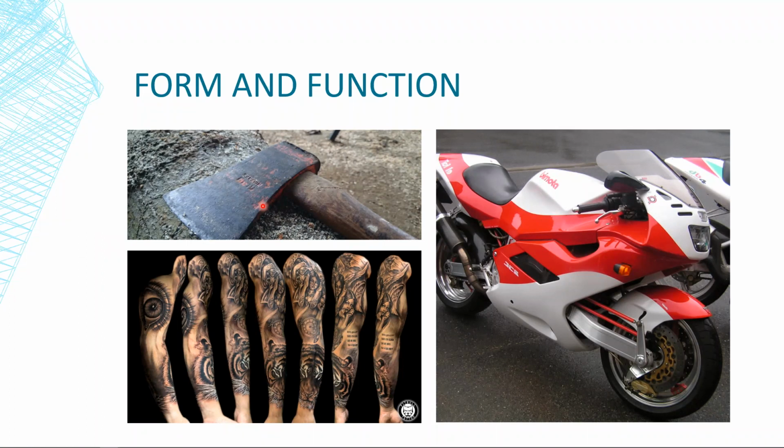Some objects don't possess any practical function, but they have qualities that are purely aesthetic or symbolic, like tattoos, for example. What practical function do they serve? None. Tattoos are generally viewed as a medium or as an expression of aesthetics or something symbolic.